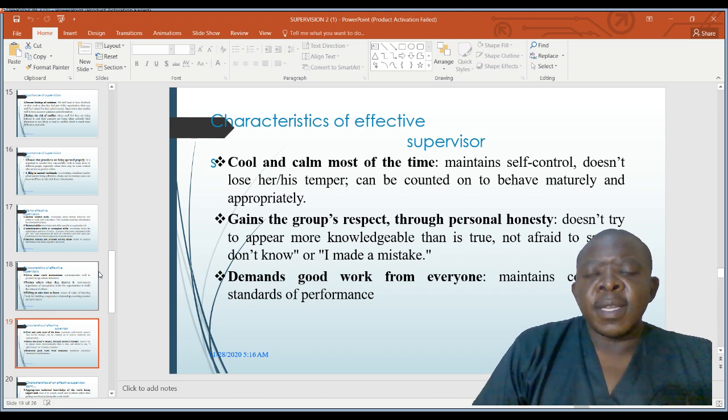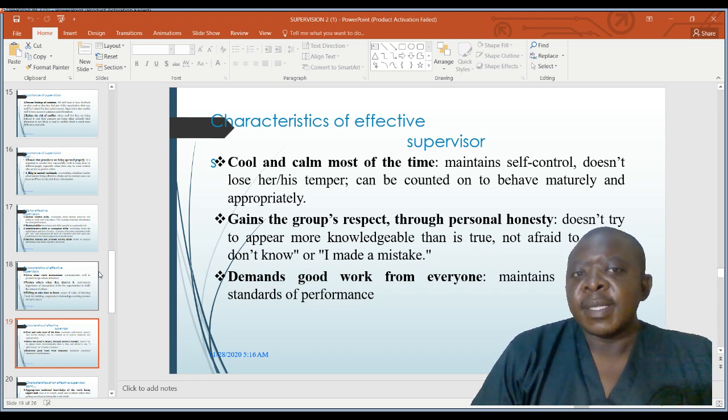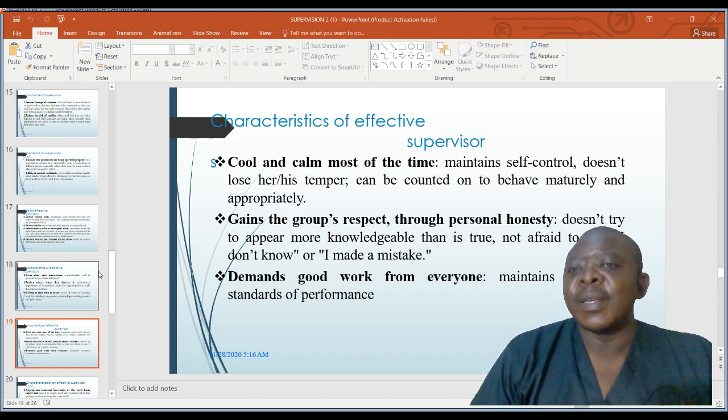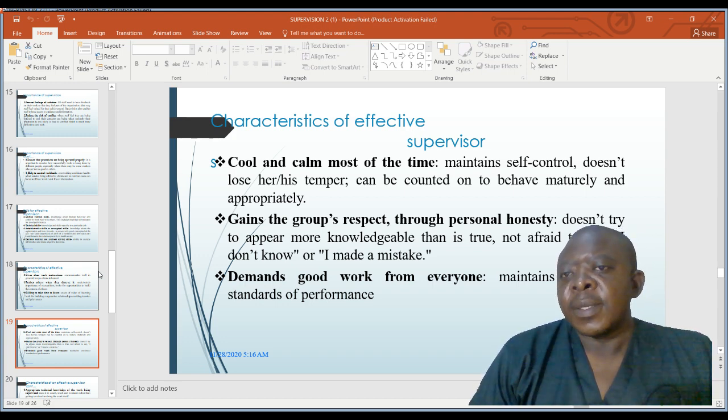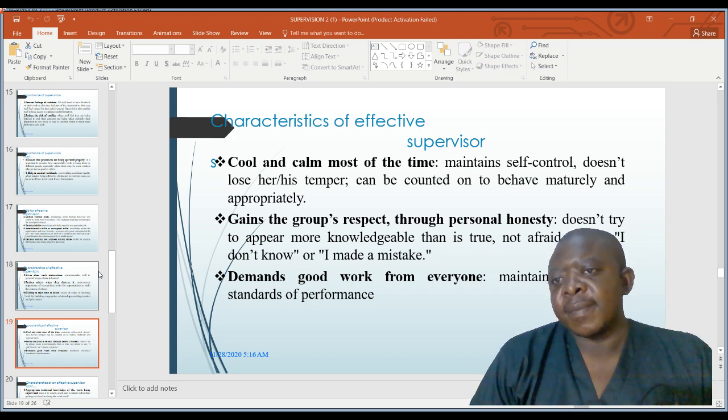Then the next one is cool and calm most of the time. This helps in maintaining self-control, doesn't lose his or her temper, and can be counted on to behave maturely and appropriately. The other characteristic of an effective supervisor is that he gains the group's respect through personal honesty.